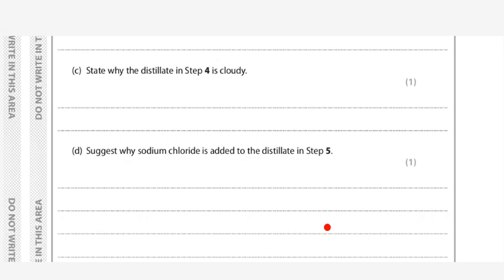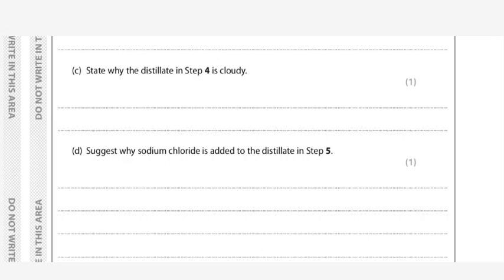Now, this is not a drying agent. NaCl is not a drying agent. Drying agent is added later on, right? Before you add the drying agent, if you add NaCl, what happens? It basically attracts the water and pulls the water into the aqueous layer. So that will enhance the separation of the layers, right? So no, it's not a drying agent, not to remove water. It helps the separation process.